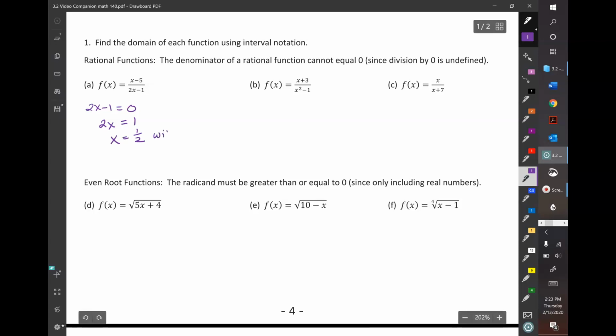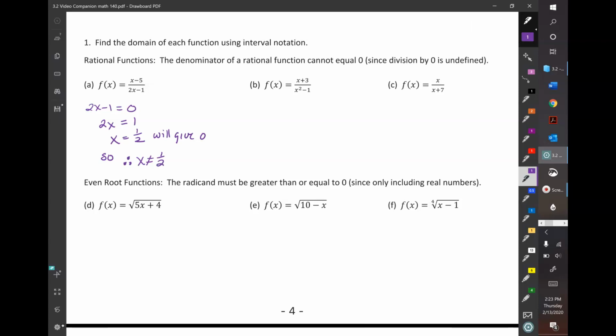That will give us 0. So therefore, the three little dots in a triangle mean therefore, x cannot equal a half.